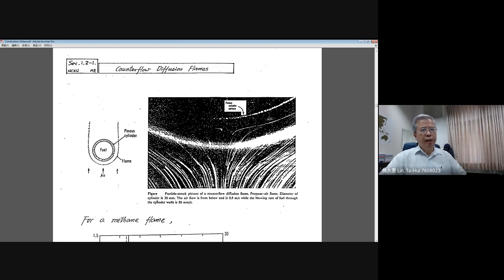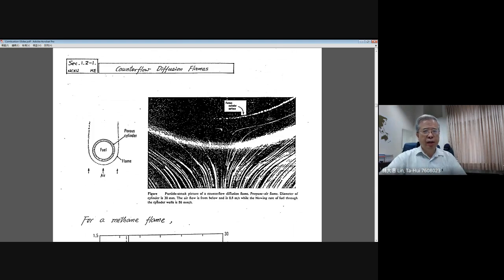When you ignite it, you can see this is the typical picture. It's a black and white picture, but you still can see very clearly. Here they use laser diagnostics, and the laser sheet will give you the streamlines of the air.